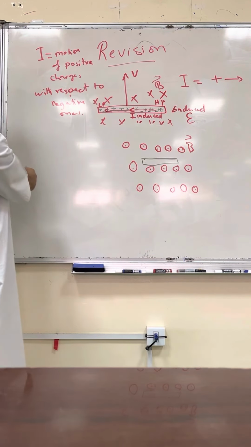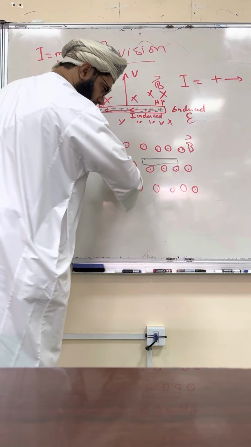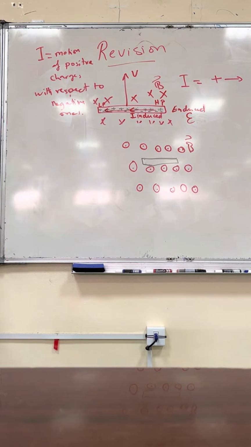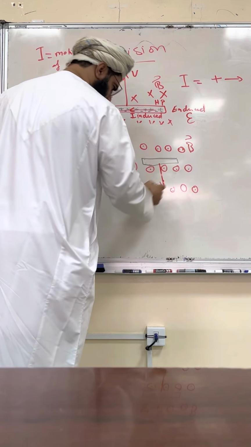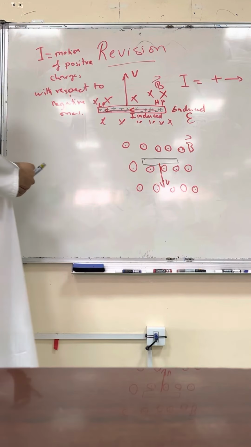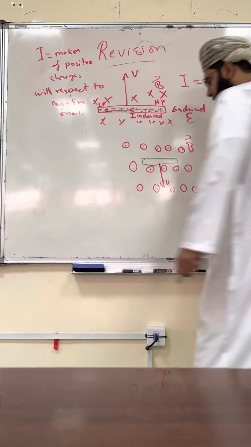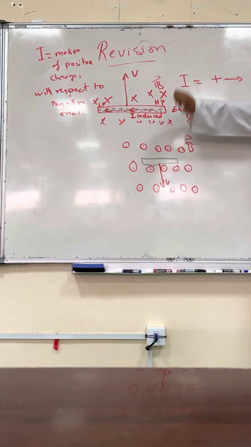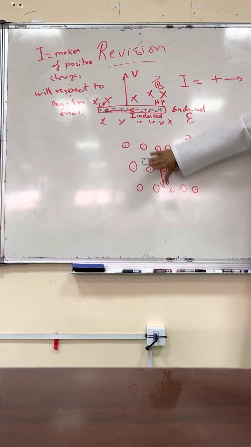Without moving the rod, there is no effect. Nothing will happen. If we move the rod down with a speed v, let's apply the right hand rule. All four fingers will point out because the magnetic field is out, and v is going down.